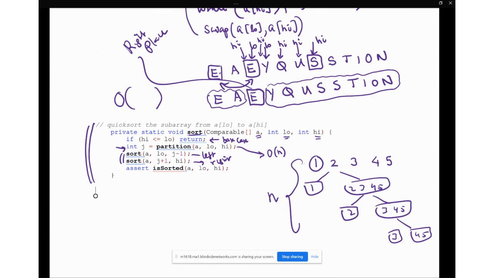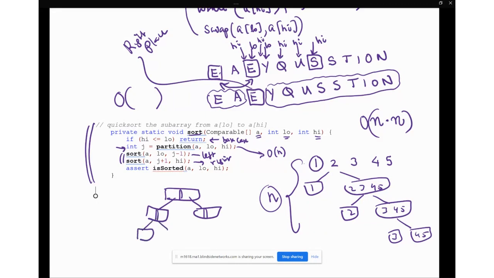And because every pivot step costs you n work, and you have to do it n times because the height is n, not log n. The ideal case would be that our pivot is the median. But that's a hard thing to do. Okay, so something like that.